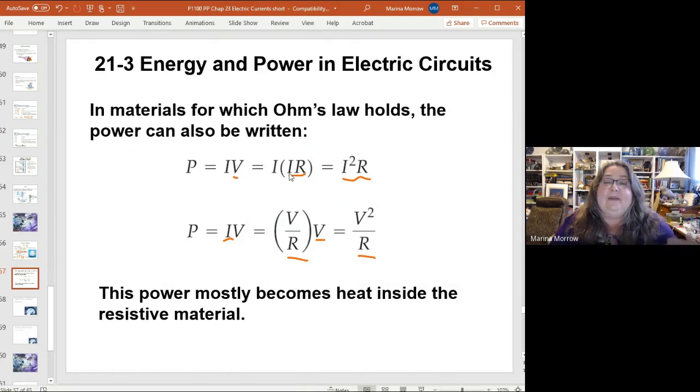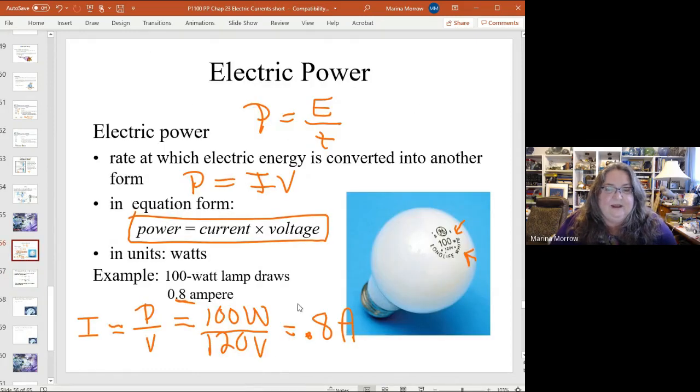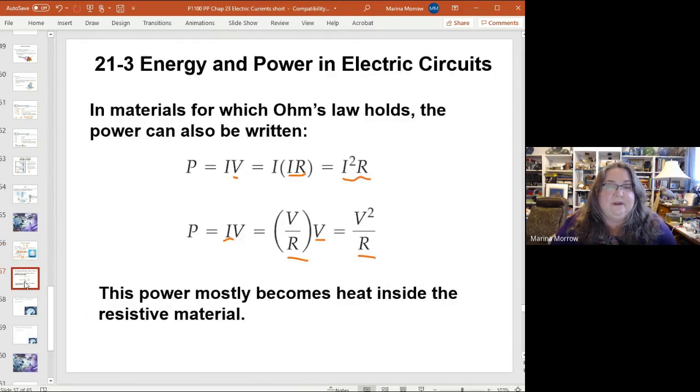Well, I could go back to here because I already figured out the current. So now I've got the voltage and the current, and I could figure out the resistance. So a two-step process. Or I could just jump right to this equation, solve it for resistance.